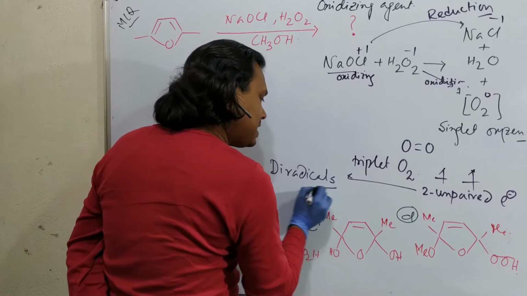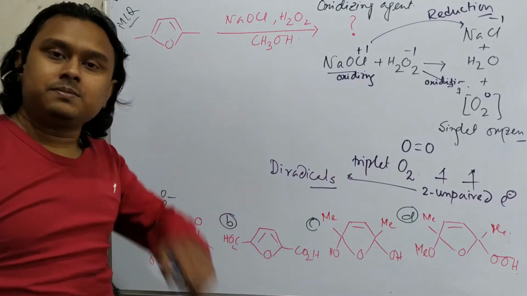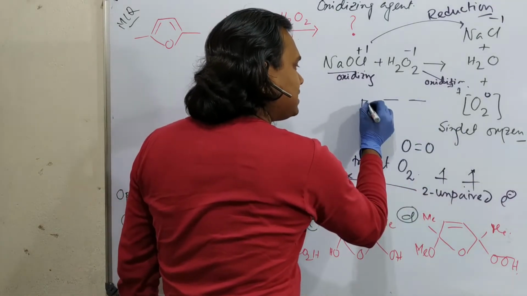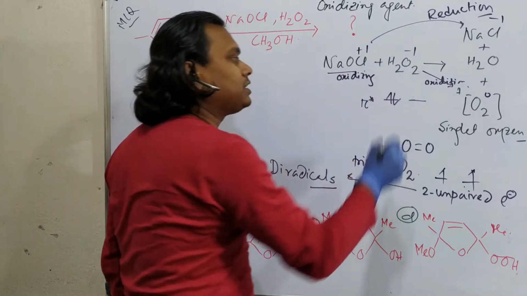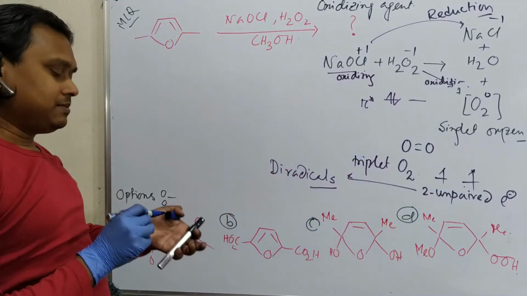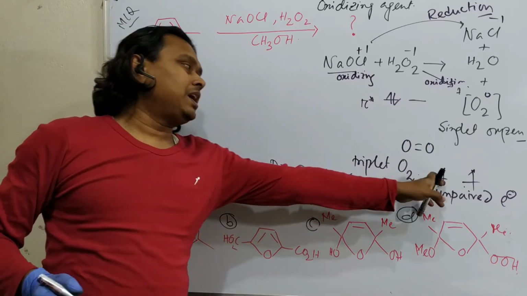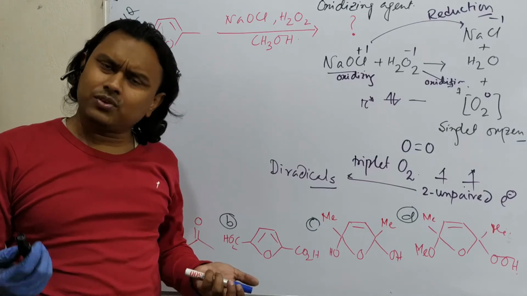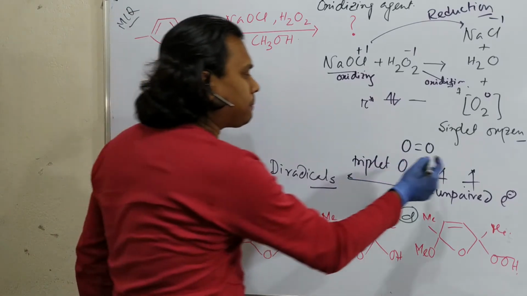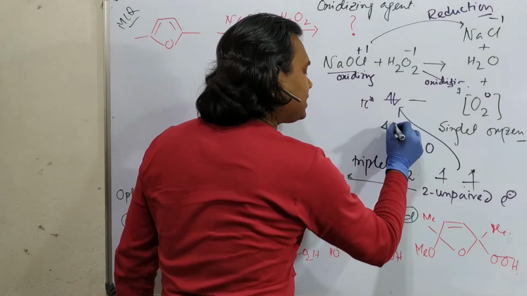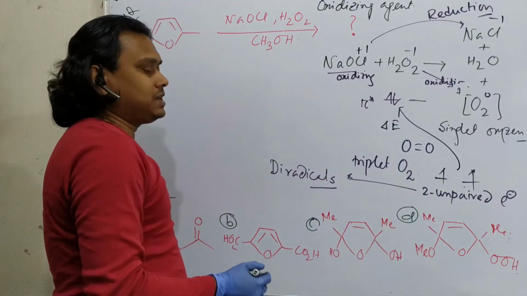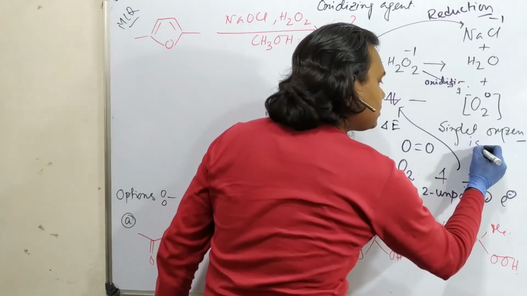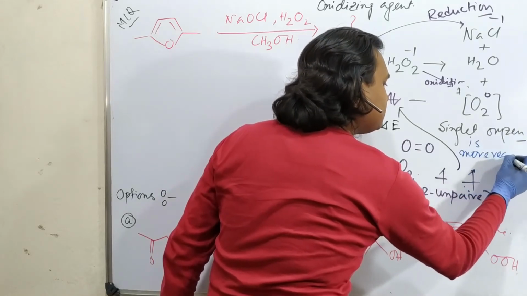In singlet oxygen, these two pi stars remain in paired form. From simple knowledge, two electrons in two same-energy orbitals remaining unpaired with the same spin is better according to Hund's rule. But when you pair them, you need to provide some amount of energy, and that's why you can conclude that singlet oxygen is more reactive.